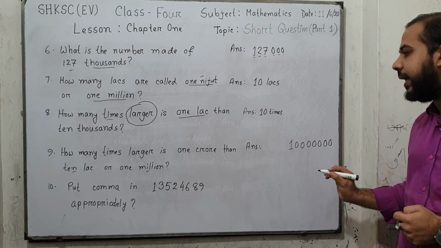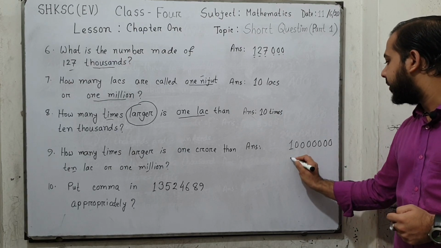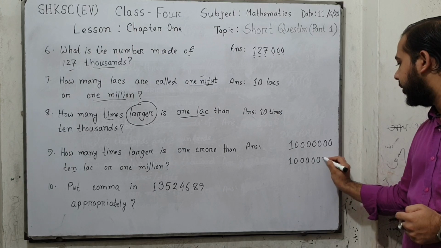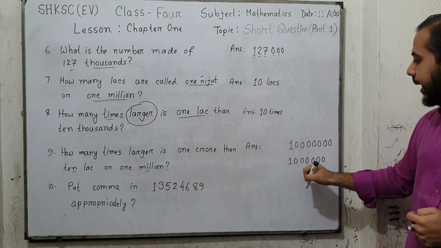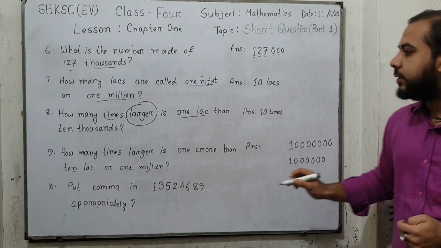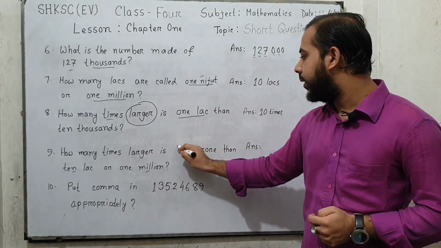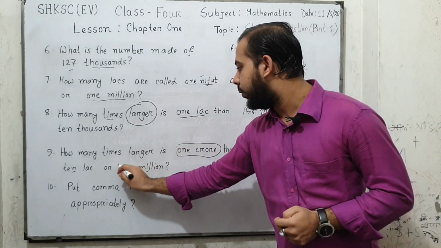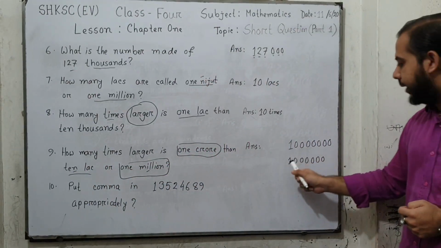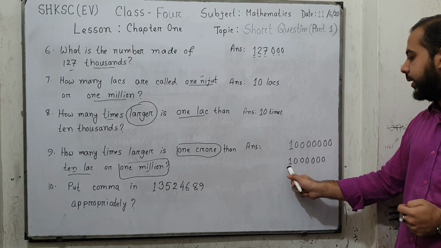Now we have to write 10 lakhs or 1 million. 10 lakhs. So this is 10 lakh. So at first we write the two numbers, 1 crore and 1 million, that is 10 lakh.